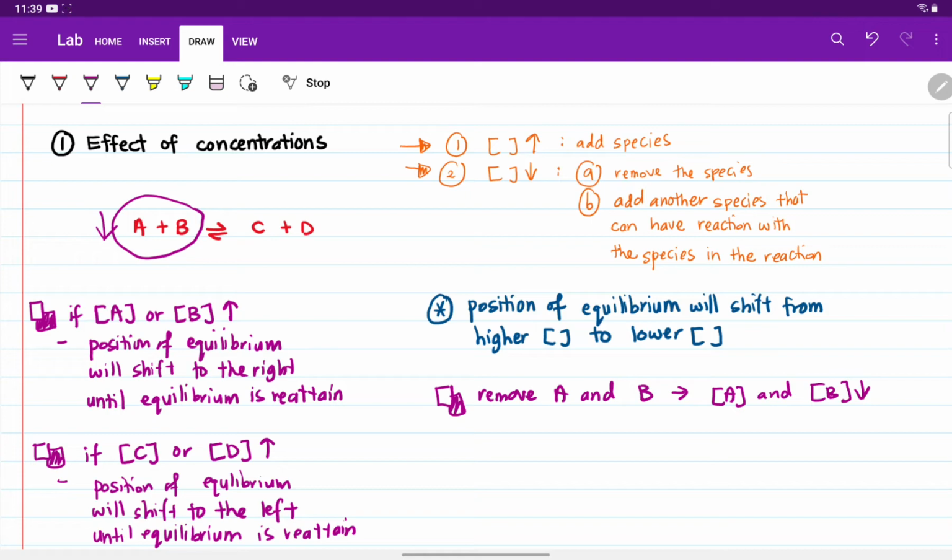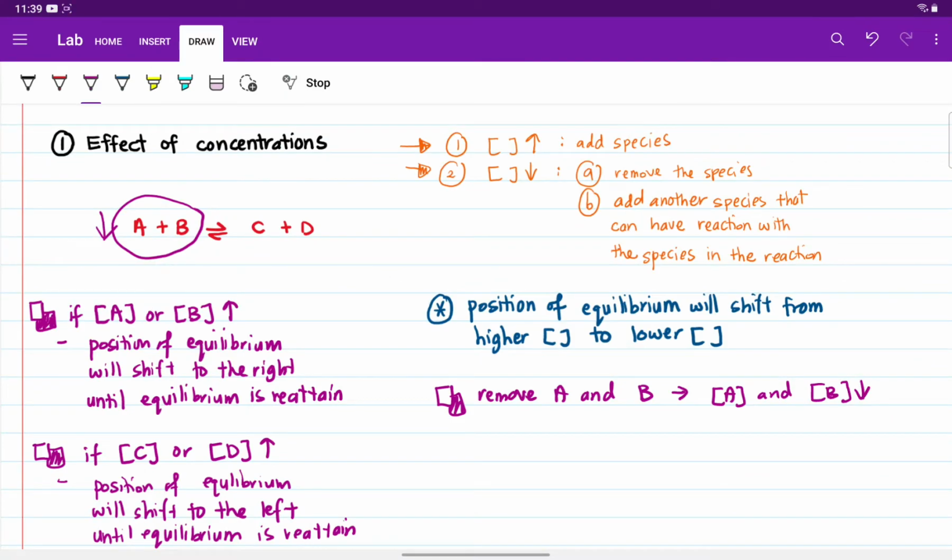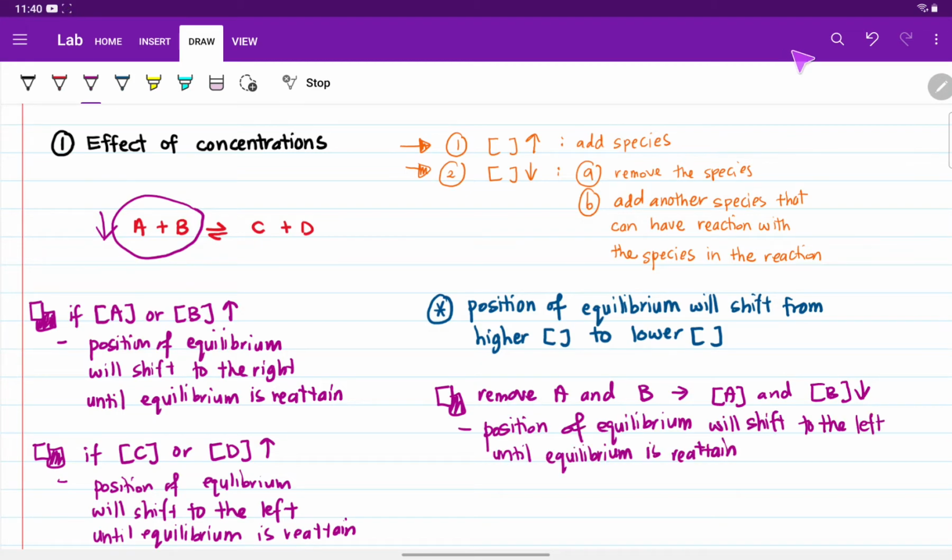Okay, jadi bila sebelah kiri berkurang, kita nak kena buat apa? Kita kena naikkan semula. Cara macam mana kita akan naikkan semula kita punya concentration of A and B? Okay, cara dia adalah kita kata position of equilibrium will shift to the left until equilibrium is re-attained.